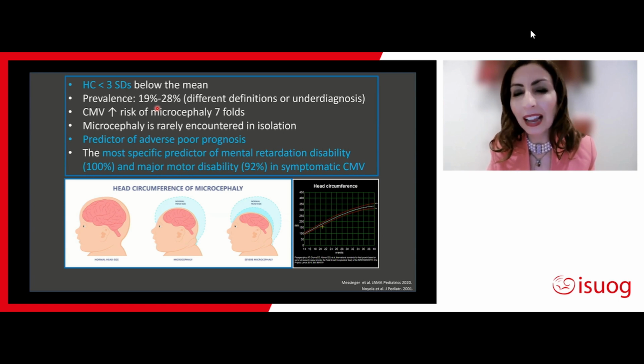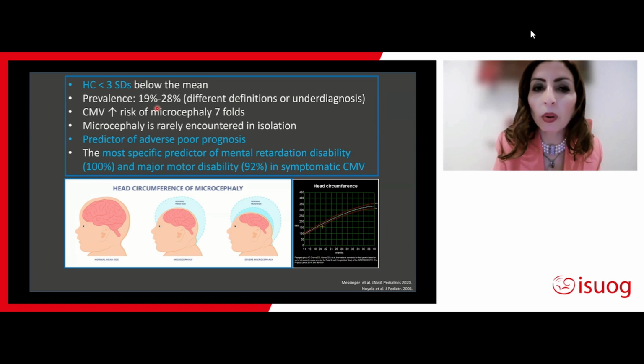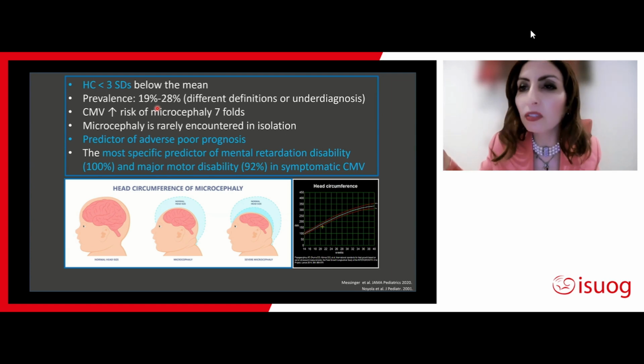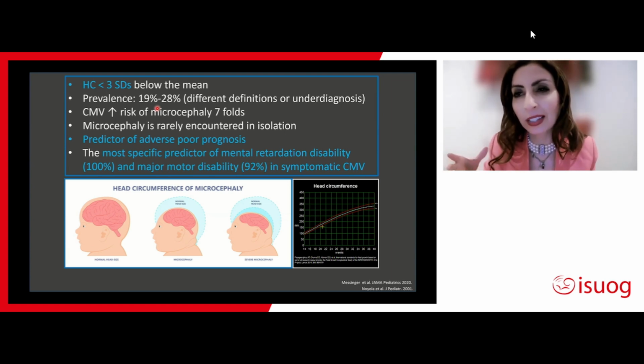And when you have microcephaly, it's rarely encountered in isolation. In fact, I had a case with congenital CMV infection where the brain was completely normal and just the head was small. Is it actually microcephaly secondary to CMV, or is it just a small head? Interestingly, when I met the father, he had a very small head, and I measured it and he definitely had a small head.